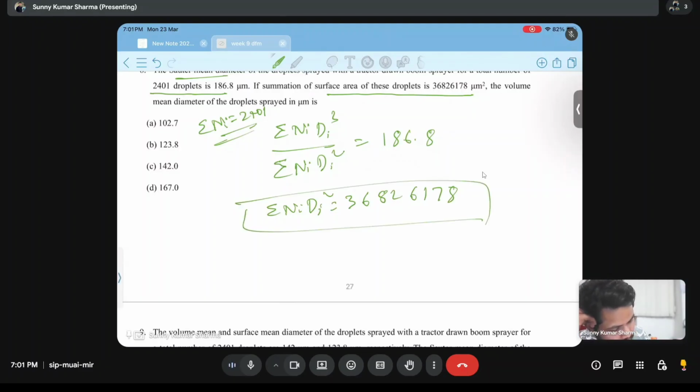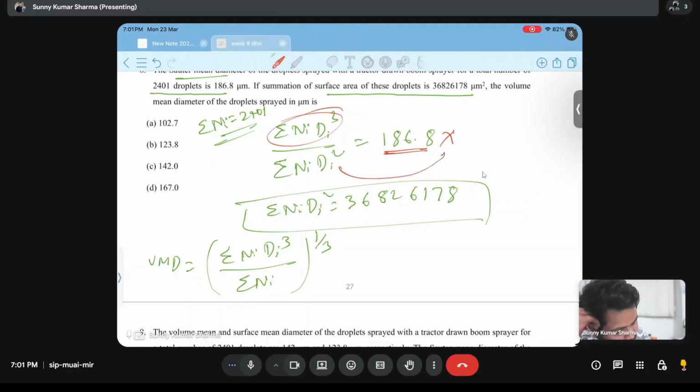We need to know the volume mean diameter. Volume mean diameter is sigma Ni Di cubed by sigma Ni, to the power 1 by 3. This we need to find. So sigma Ni Di cube we can get from here: sigma Ni Di cube will be equal to 186.8 into sigma Ni Di square, so 186.8 into this much.